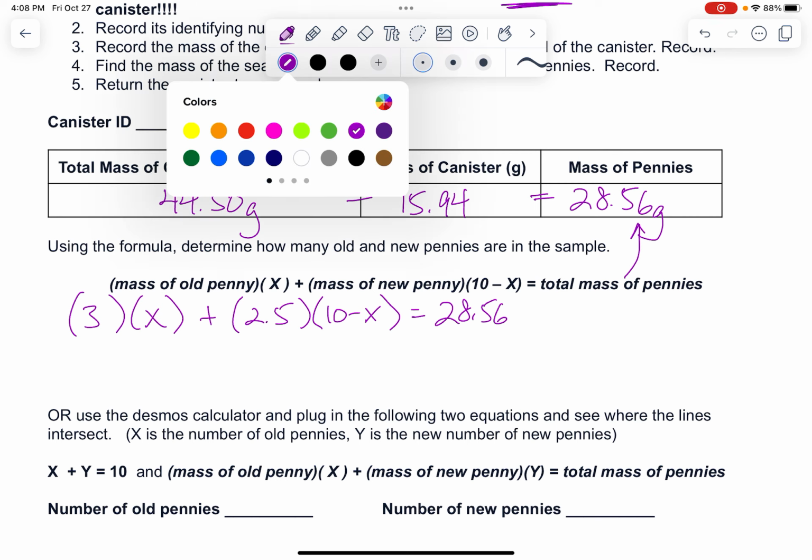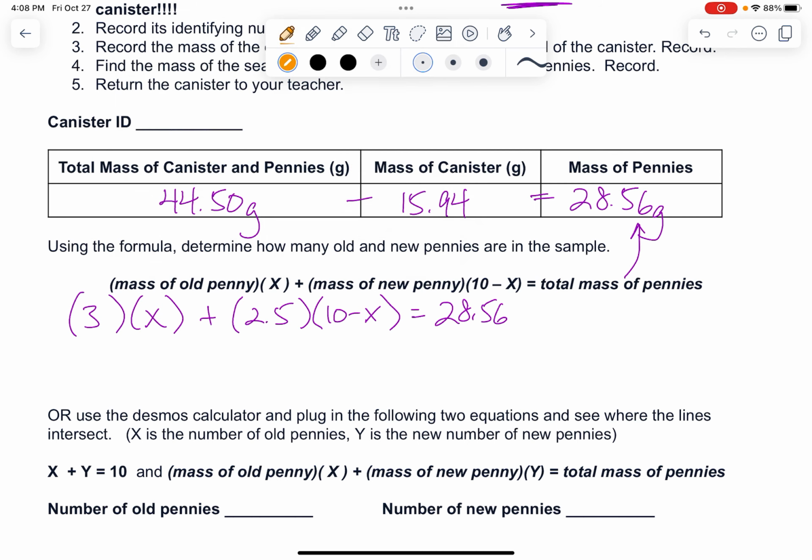All right, and so let's go to a different color so we can see. So now this is going to turn into 3x, plus 2.5 times 10 is 25, and then minus 2.5x, and that again is going to equal our 28.56 grams.